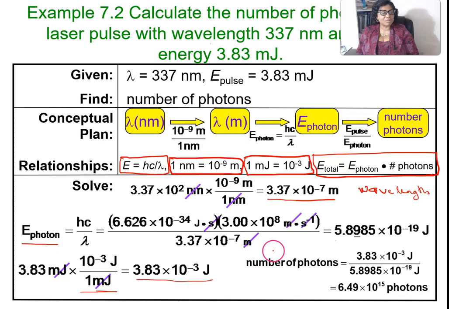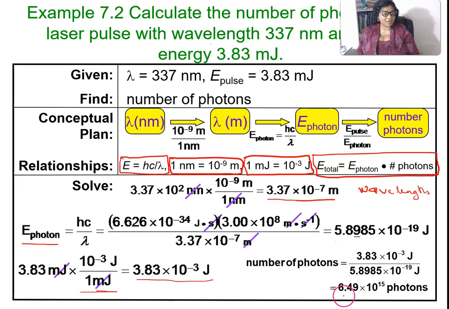So now the number of photons that we have is 3.83 times 10 to the minus 3 over 5.8985 times 10 to the minus 19 joules, which is the energy of one photon.